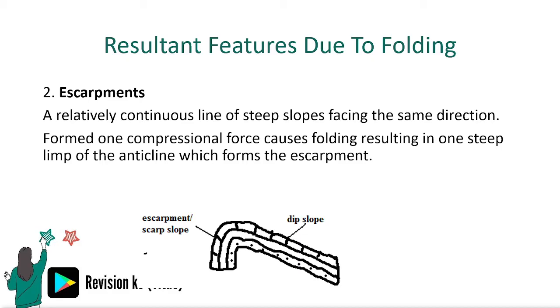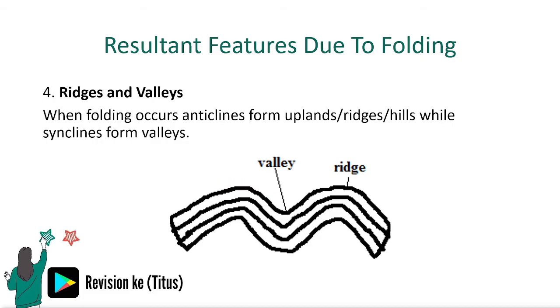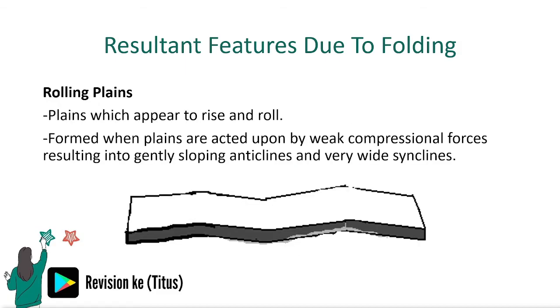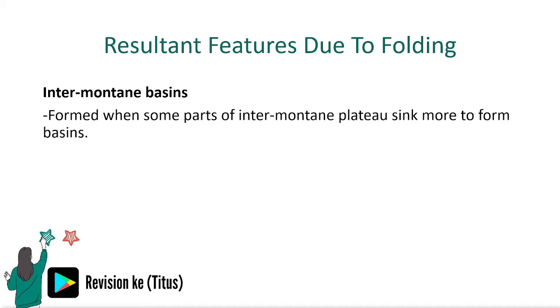Number 2, escarpments. Number 3, depressions. Number 4, ridges and valleys. Number 5, rolling plains. Number 6, intermontane plateaus. Number 7, intermontane basins.